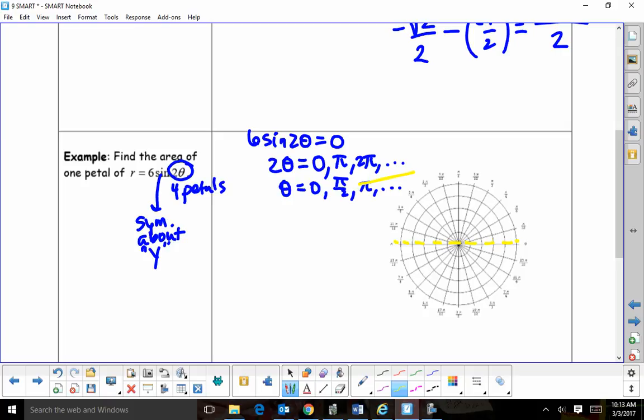Now, this is what we're getting to. All of that was just to help get you to here. So now I have that guy and I have that guy. I'm going to go make my chart.